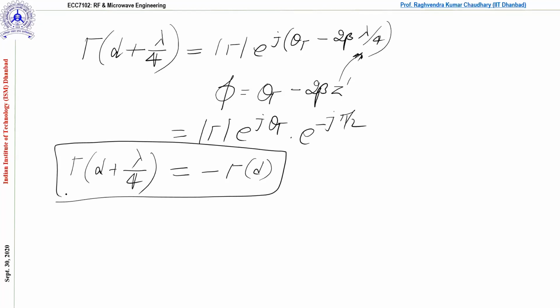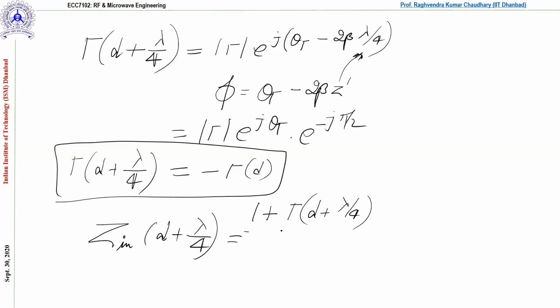So now, if you find z in at d plus lambda by 4, what will be the formula? 1 plus reflection coefficient as a function of d plus lambda by 4, divided by 1 minus reflection coefficient at d plus lambda by 4, at this distance.